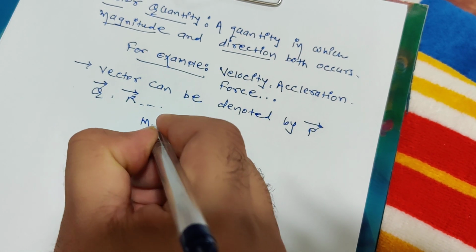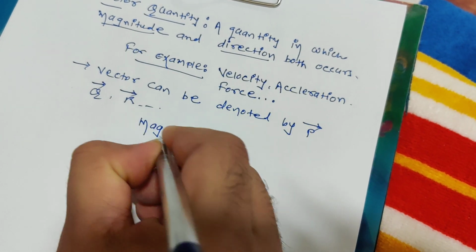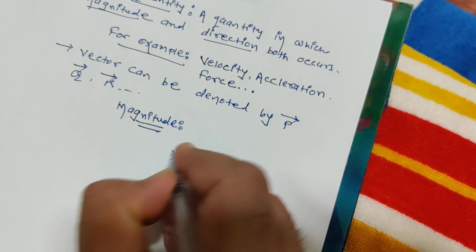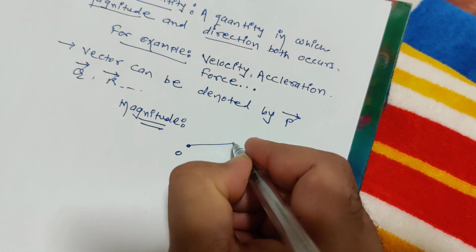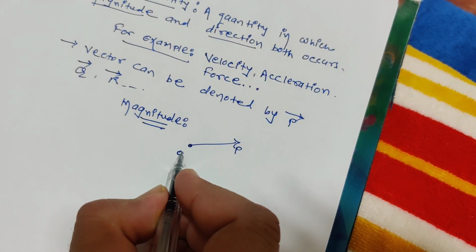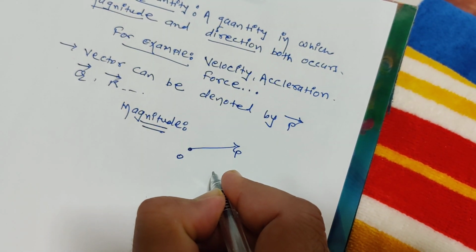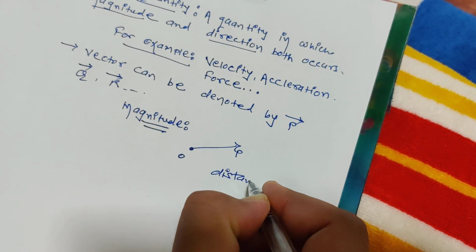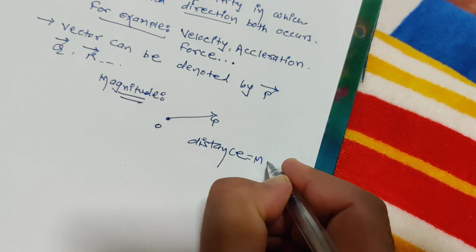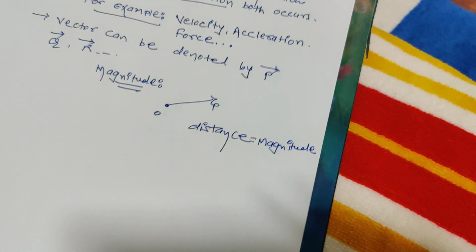The meaning of magnitude is, if we have this origin O, and if you want to find the distance of P from the origin, then this is known as magnitude, students.